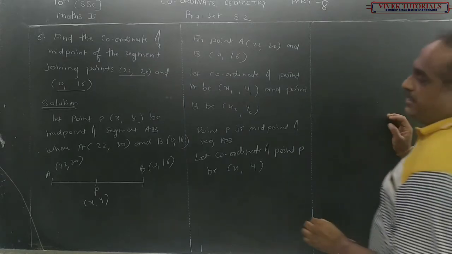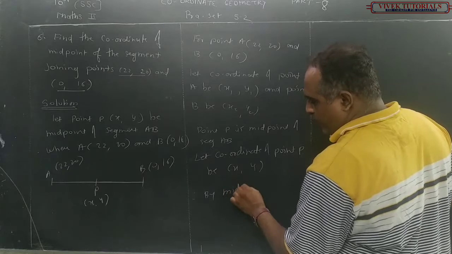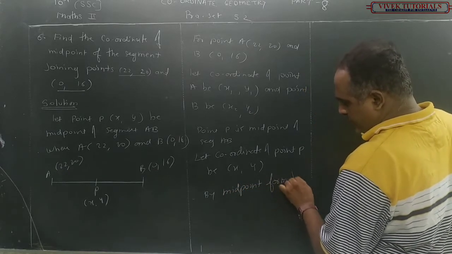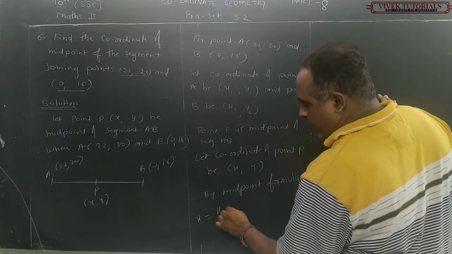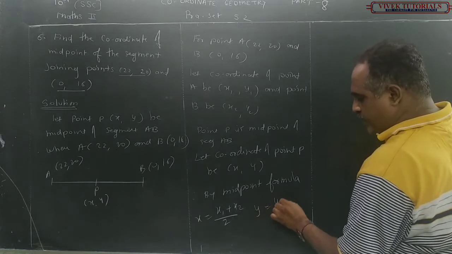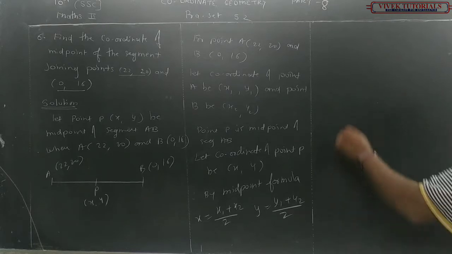Is it right? Therefore, by midpoint formula, what is the midpoint formula? x is equal to (x1 plus x2) upon 2 and y is equal to (y1 plus y2) upon 2.